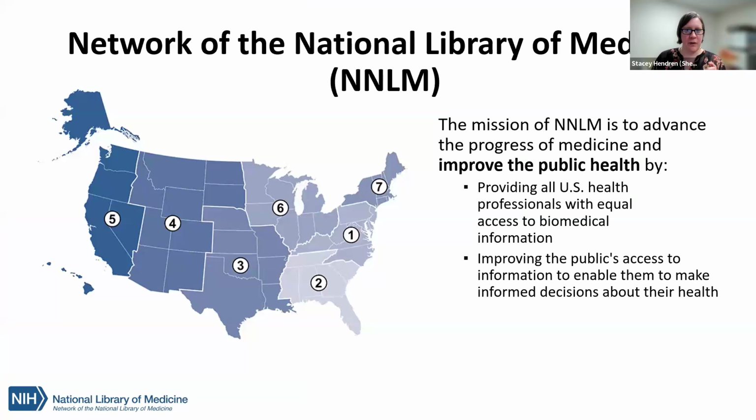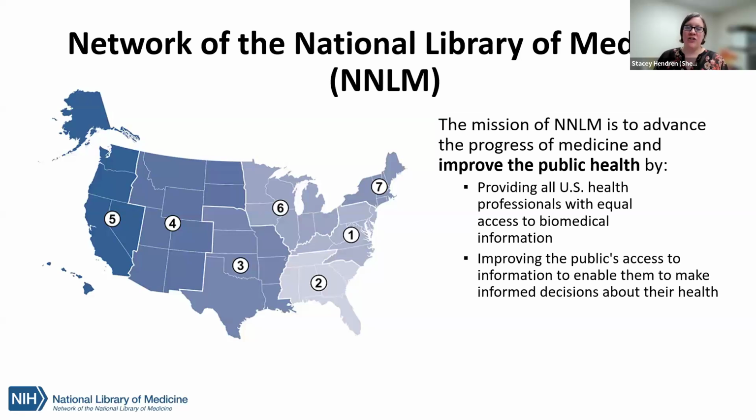Okay. So briefly, NNLM is the Network of the National Library of Medicine. It is the outreach program arm of the National Library of Medicine, which is one of the National Institutes of Health. NNLM is made up of 7 geographic regions. I'm an ambassador, as well as Catherine, in Region 6.